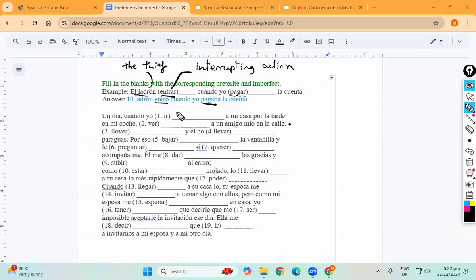So is this action a single completed action or going on for a while? Cuando I was returning home, I was going home in my car. All right, something. So there is ver, to see. A un amigo mío en la calle. So thoughts, what is number one and what is number two?